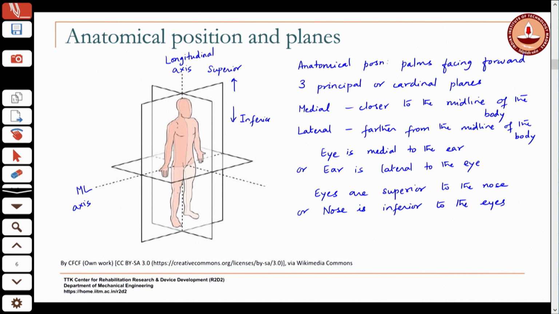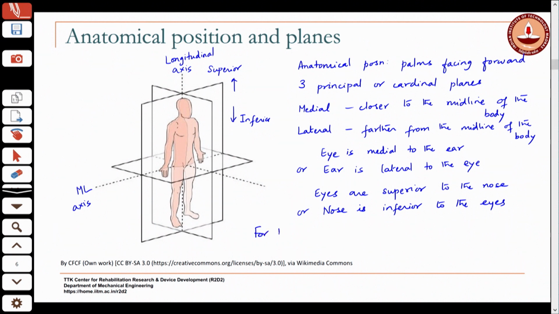So, in addition, when we talk about the limbs, upper and lower limbs, the arms and the legs, we also have two more terms. We use the terms proximal and distal.